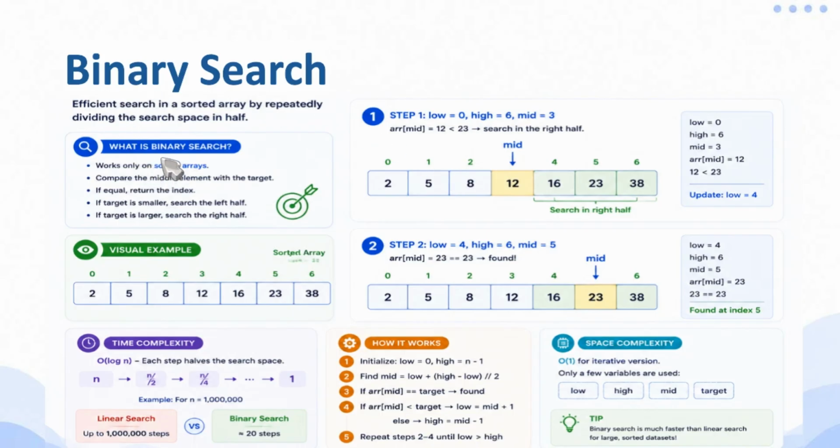So think about this. If you need to find element 23, the first step is to go to the middle. What's the middle element? 12, right? Then 12 is less than 23. What do you do?